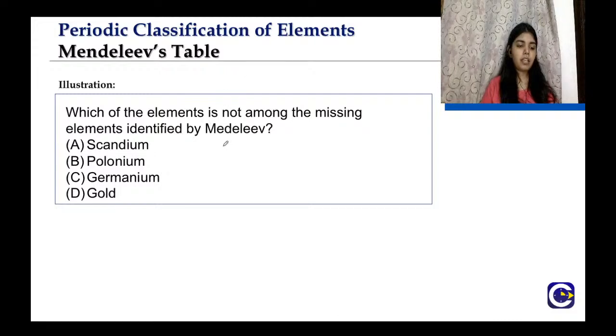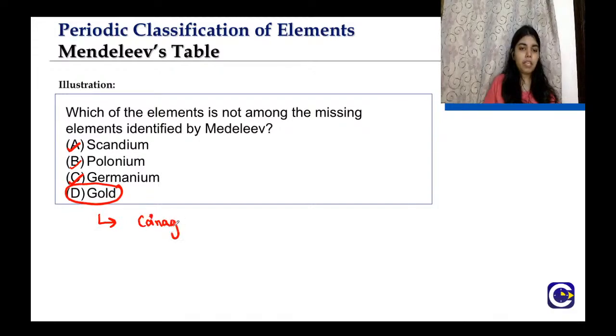We have discussed this just now in the previous slide. So if you remember, scandium, polonium, germanium were among the missing elements, but gold was not a missing element because he was able to categorize the coinage metals. Yes, Jainuram, you are correct with your answer. Good. D. Very good.